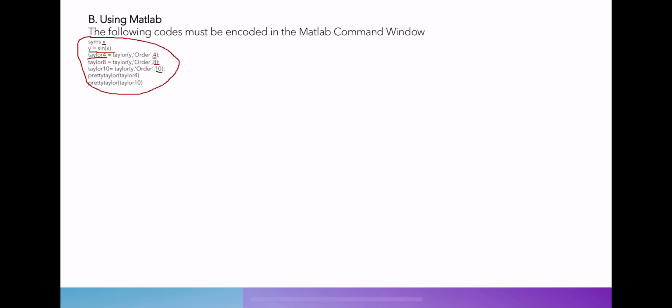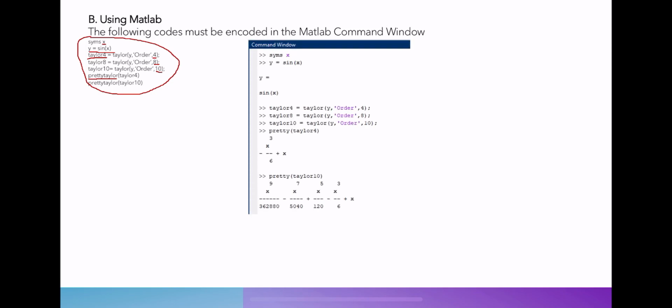Let's see the difference between these three different expansions of sine x. For a better picture of our expansion, let's encode it here, display Taylor 4. After encoding these codes, you'll have this answer here.